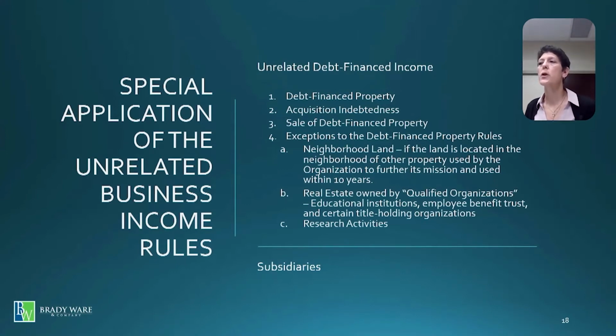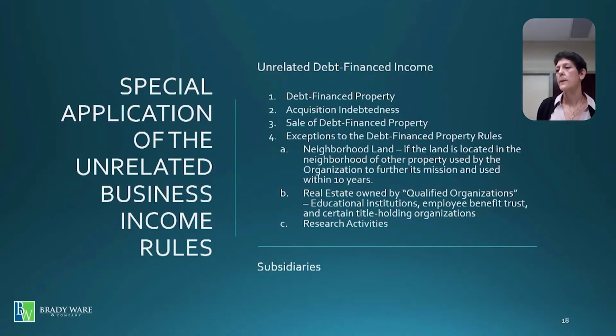There are a couple of exceptions to debt financed income in the area of neighborhood land projects. A good example here is Citywide, which goes in on revitalization projects. Even though they might have debt on the land, they would not have any gain, and if they leased any of the property, they wouldn't have any UBIT to worry about.